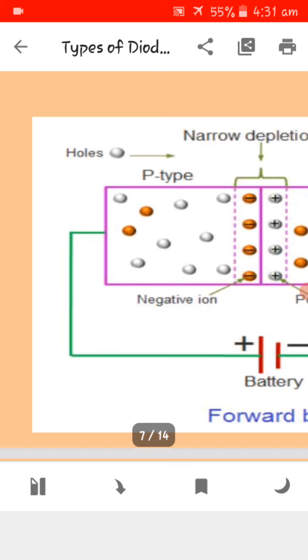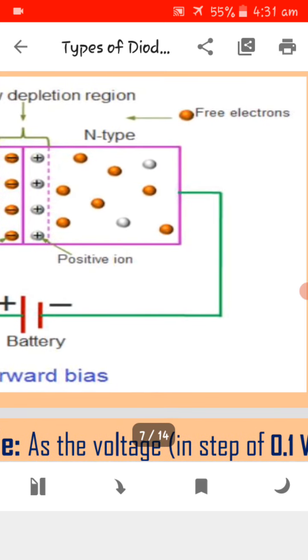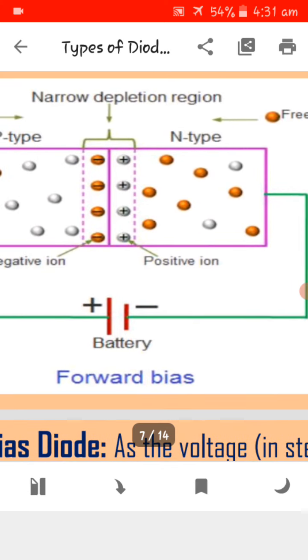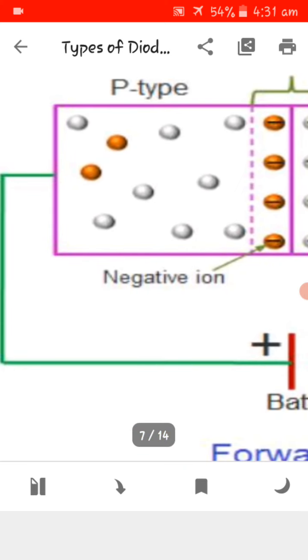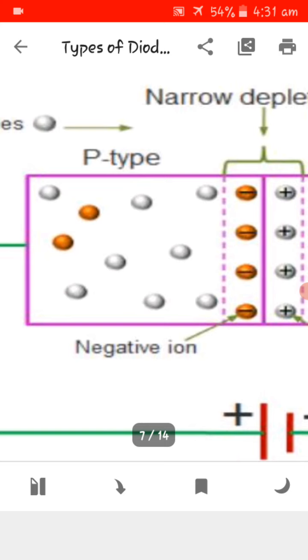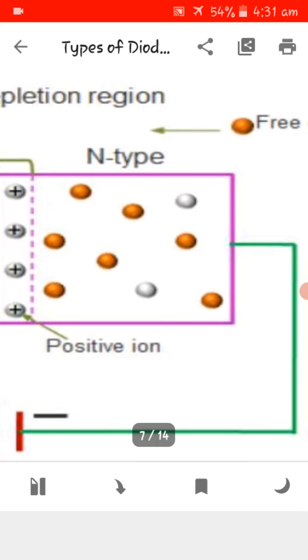So the positive charge of the battery is accumulated at the anode, and negative charges from the battery are accumulated at the cathode, that is the n-type semiconductor. So we already have the p-type semiconductor with positive charges, that is holes, and the n-type semiconductor with electrons.